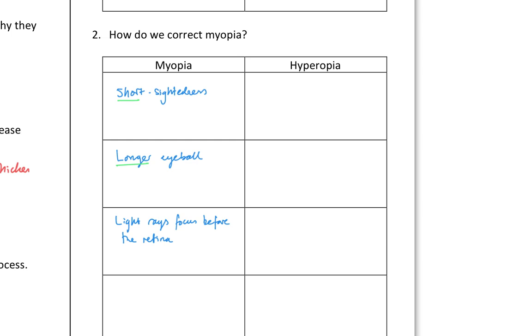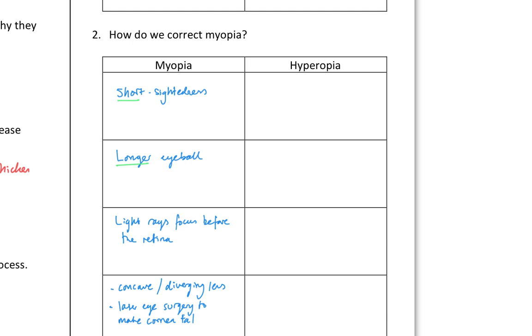So I need to make them focus later. So I want to push out the light rays before they get to the eye. So this is where we can use a concave lens, concave or diverging lens, which can be used as glasses, or we can use laser eye surgery to make the cornea flatter.